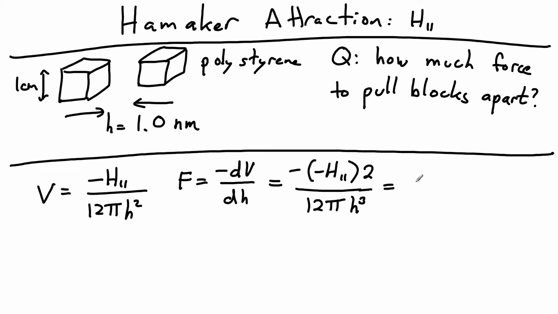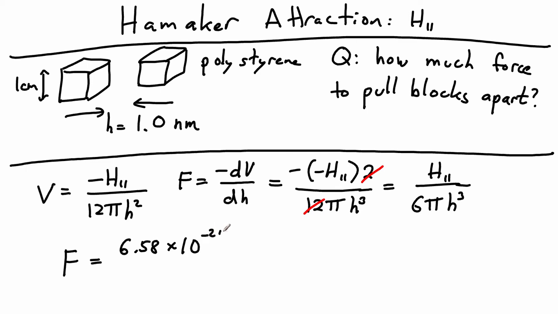So let's simplify that just a little bit. We'll cancel the 2 with 12 to give us a 6. So we've got H11 over 6 pi h cubed. Okay, well, let's plug in our numbers here. So we have to look up the Hamaker constant for polystyrene, and it is 6.58 times 10 to the negative 20 joules.